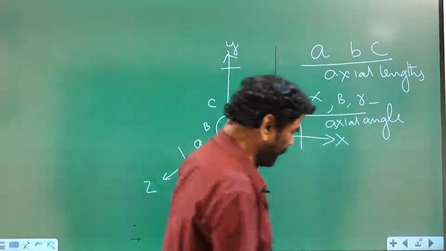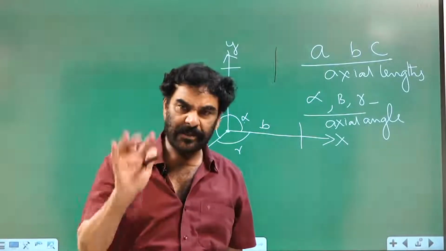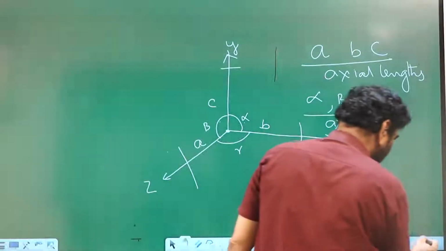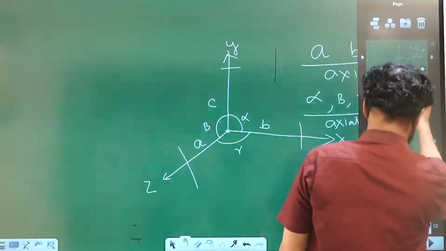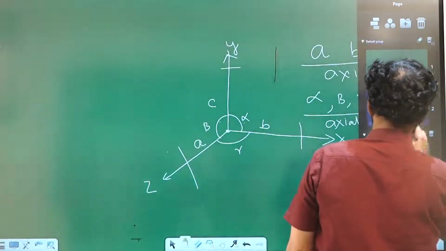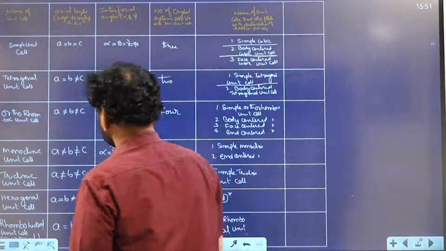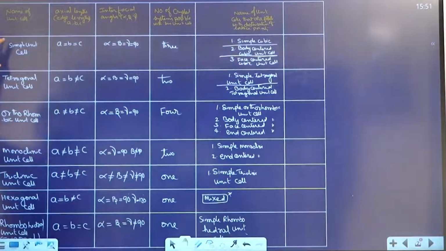Based on the cell parameters, unit cells are classified into 7 types. I have taken them in tabular form.